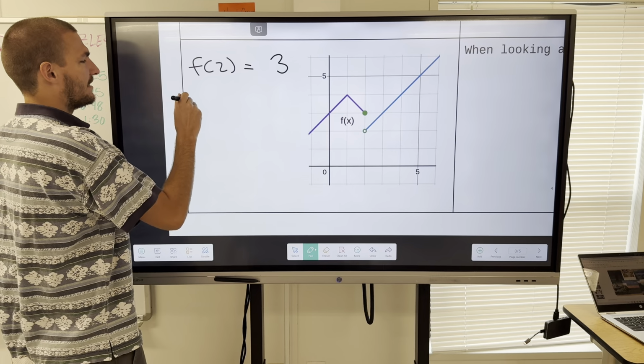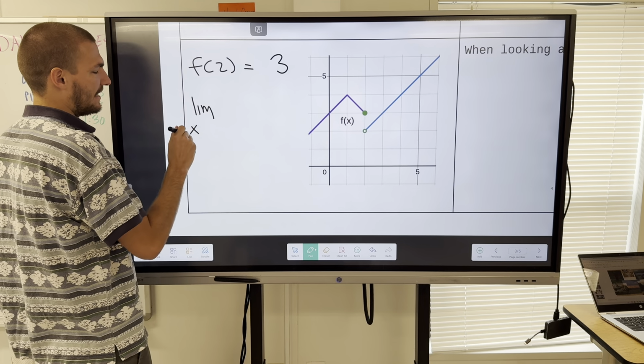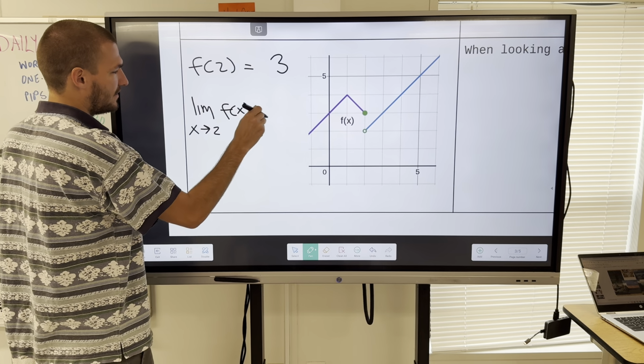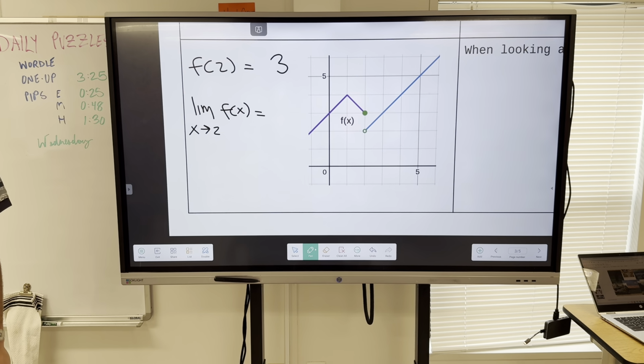Now let's talk about the limit. The limit as x approaches 2 of this funky function, f of x. Now, let's think about this. As we are approaching 2, what do we think it's gonna be? All right, I'm gonna talk with Luke on this one.